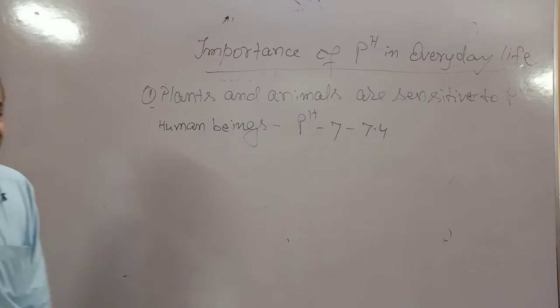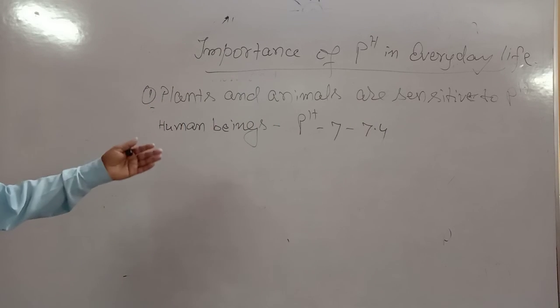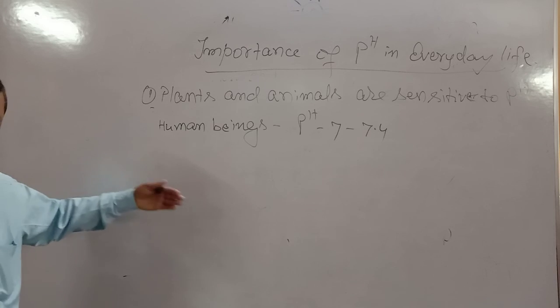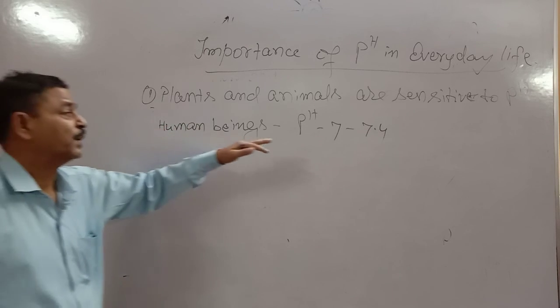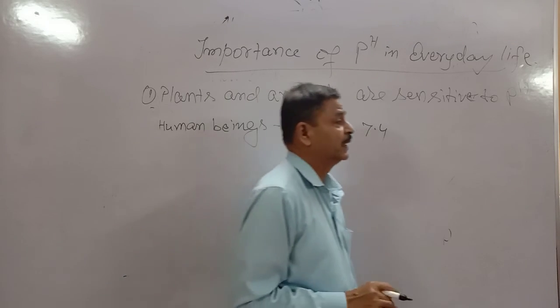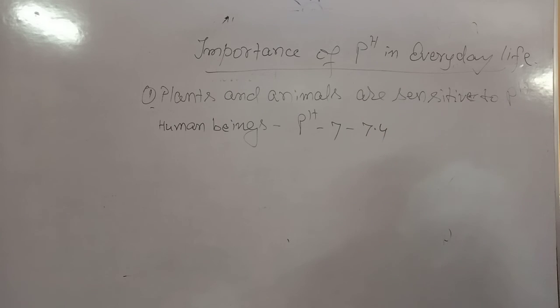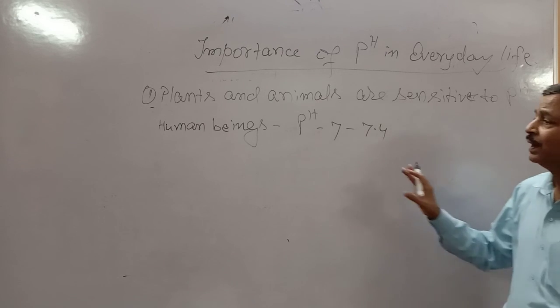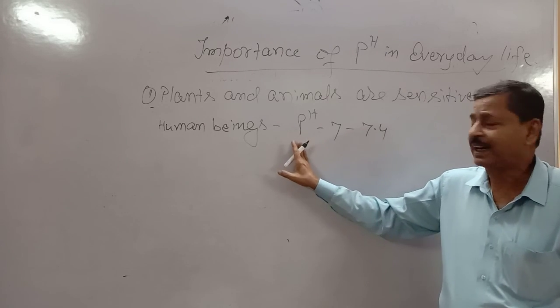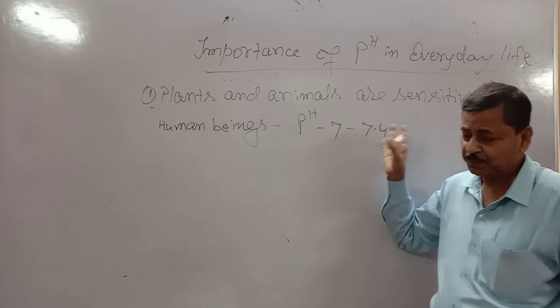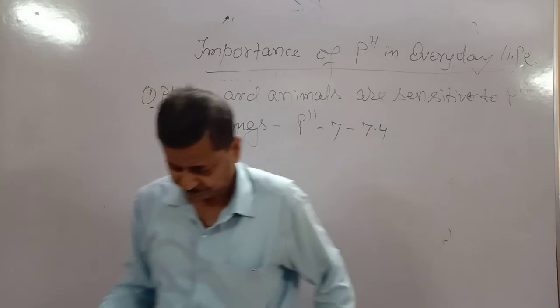If the pH of the body solution, that is blood, goes from 7.4 to above, our body does not perform the right metabolism. So our body always requires the pH range from 7 to 7.4.